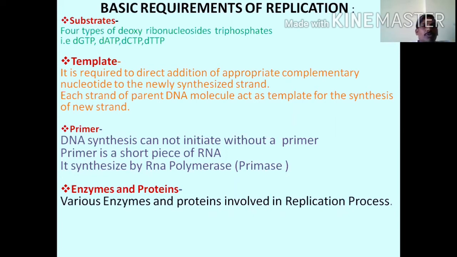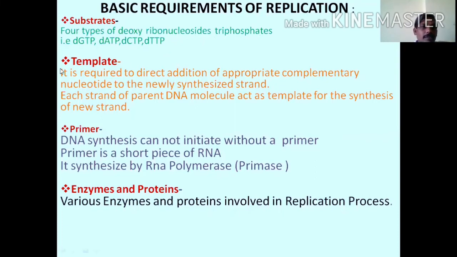That's why four types of deoxyribonucleoside triphosphates are needed: deoxy-GTP, deoxy-ATP, deoxy-CTP, and deoxy-TTP. That is guanine, adenine, cytosine, and thymine, containing three phosphate groups. They are a must to synthesize a new DNA molecule.